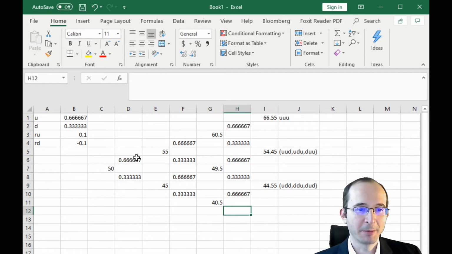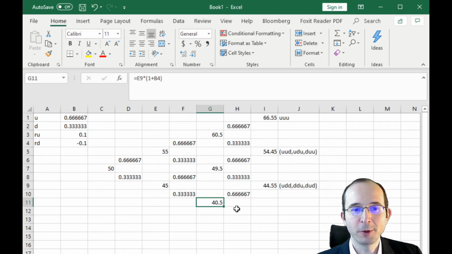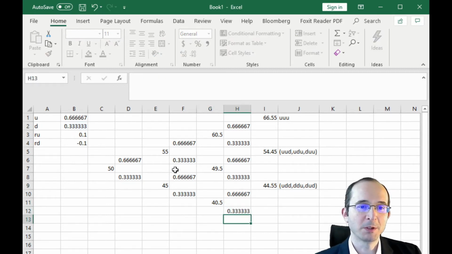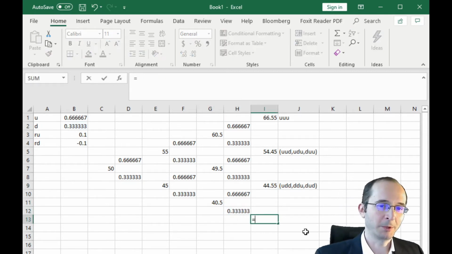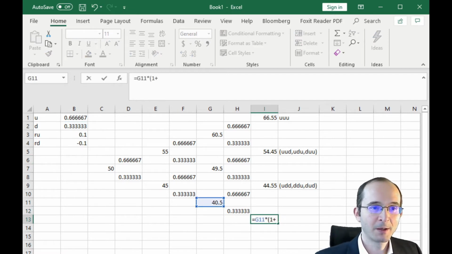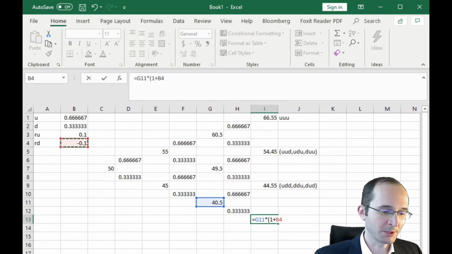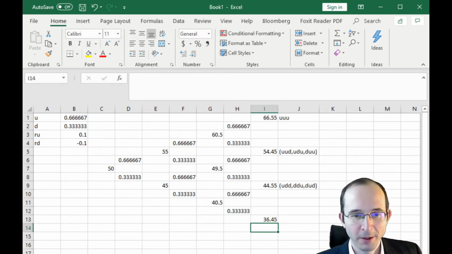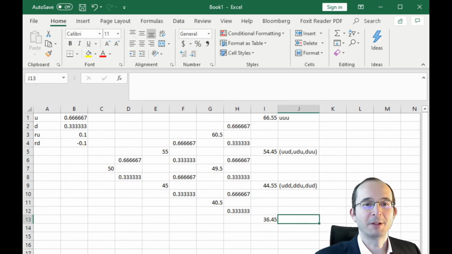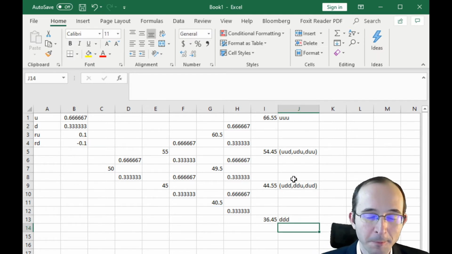And then finally, what happens if you had gone down from 50 to 45, down from 45 to 40.5, and then down once more? Well, you start at 40.5, you lose 10% yet again, and it gets you to 36.45. That is state DDD, and there's no other way to get there.